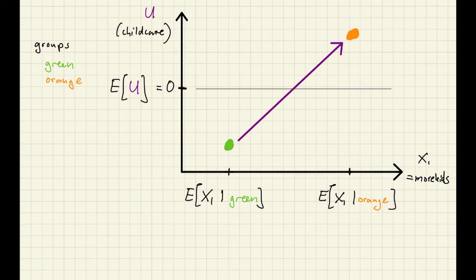For the OLS sorting, we sorted on an endogenous variable, and by analogy we can call all sortings that sort on u endogenous sortings. An exogenous sorting would be one that doesn't sort on u.